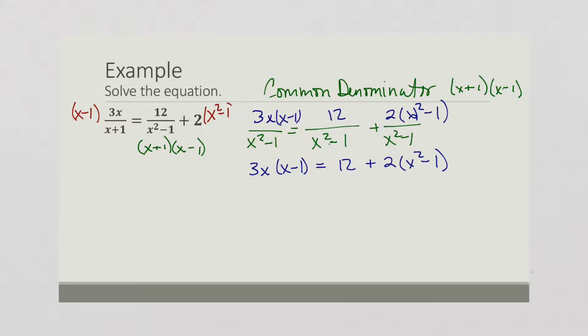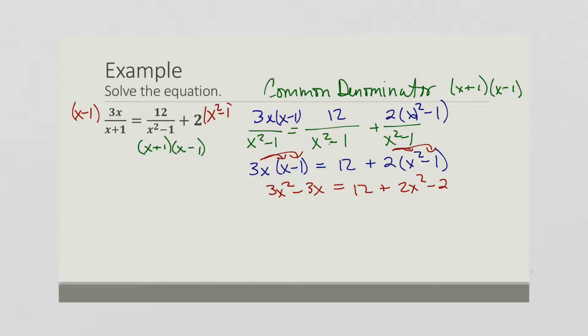You need to make sure you start with your distribution. So when I distribute here, I get 3x squared minus 3x equals 12 plus, and I gotta distribute my 2 as well, 2x squared minus 2. Now, you'll see I have x squared terms, so I gotta get everything on the same side and end up setting it equal to 0.